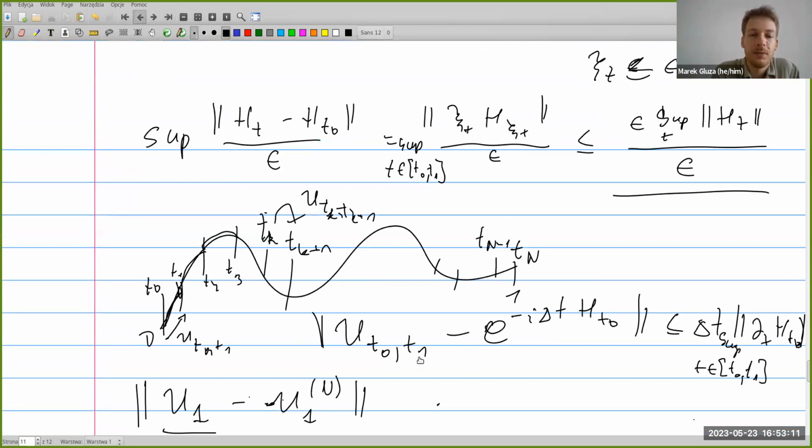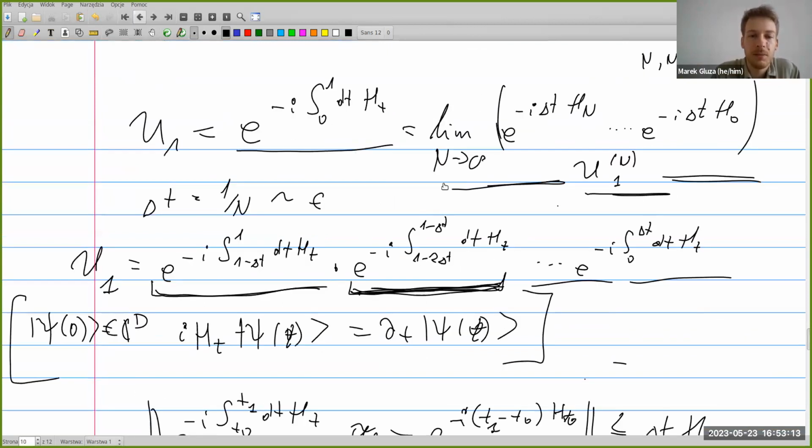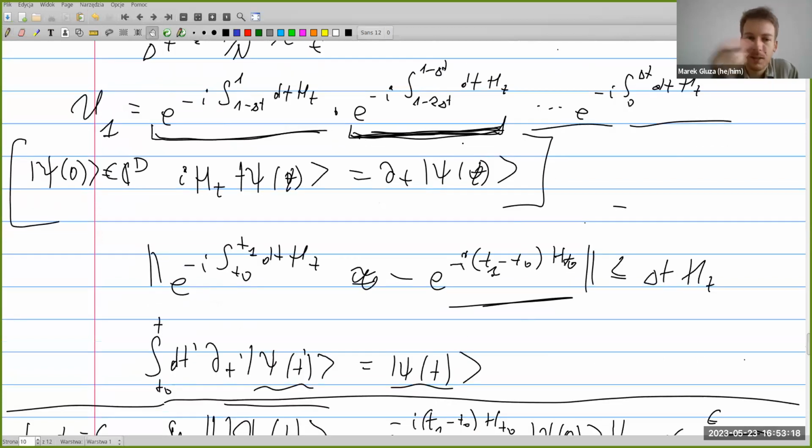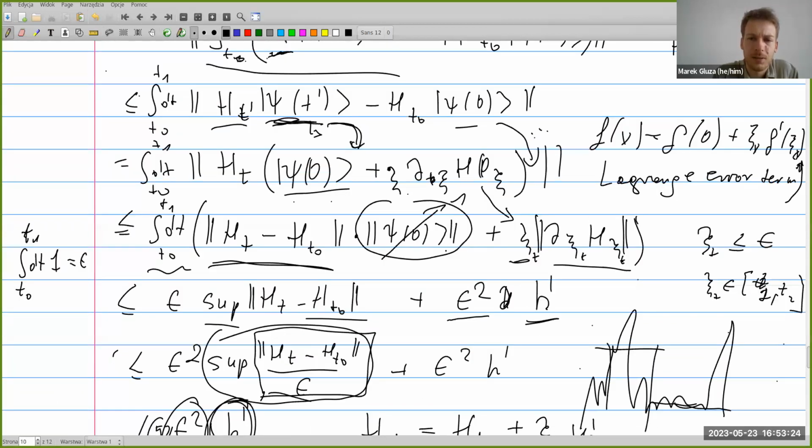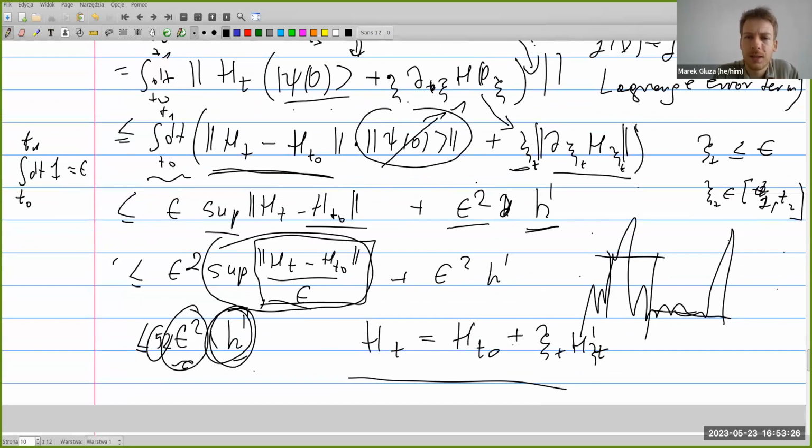And then the only thing that I was a bit messy about was where do I Taylor expand, and is this a correct Taylor expansion, in which step you do. And I surprised myself that I had two terms. One, actually the Lagrange term was naturally giving us the epsilon squared h prime. And then we had here this supremum.